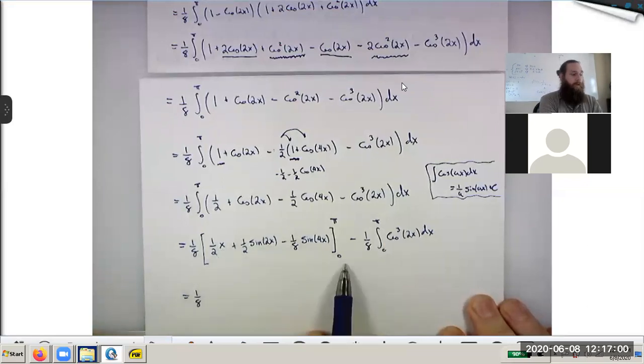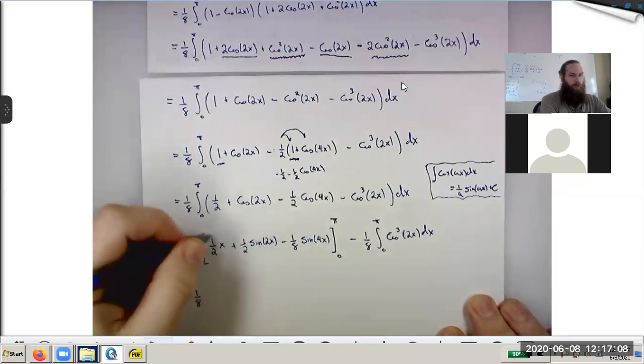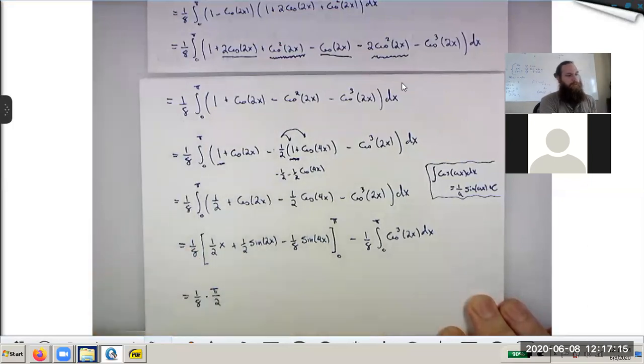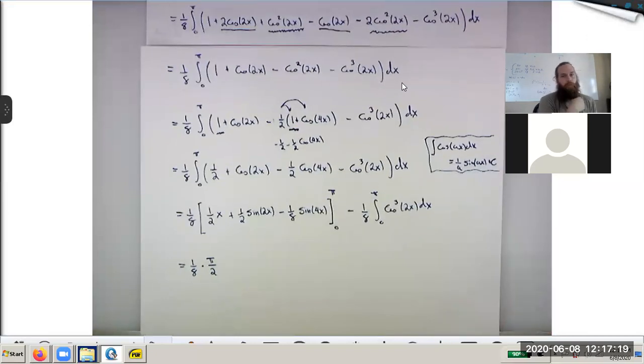When I plug in 0, the sine of 0 is 0, the sine of 0 is 0, 1/2 times 0 is 0. So the only contribution from this whole thing comes from this term when I plug in pi. That's the whole bracketed piece. The other 2 pieces give 0 at both the upper and lower bounds.